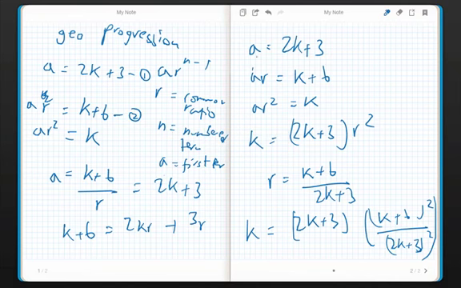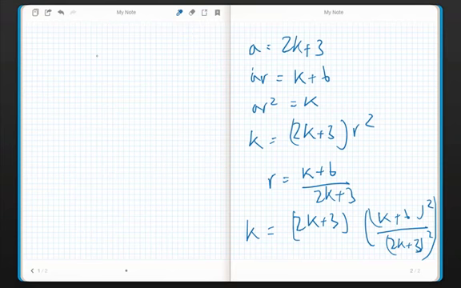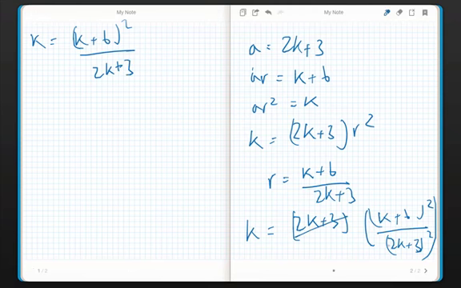Now making this full screen, we can delete this page. We know that k is equal to k plus 6 the whole squared divided by 2k plus 3, because 2k plus 3 and 2k plus 3 cancel out.